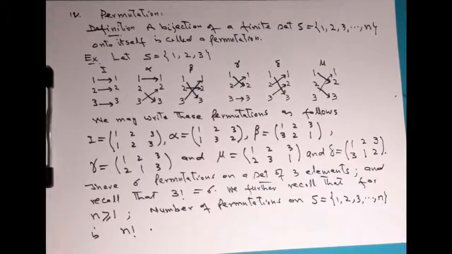As set S has 3 elements, so there are 6 permutations, 3 factorial is equal to 6.